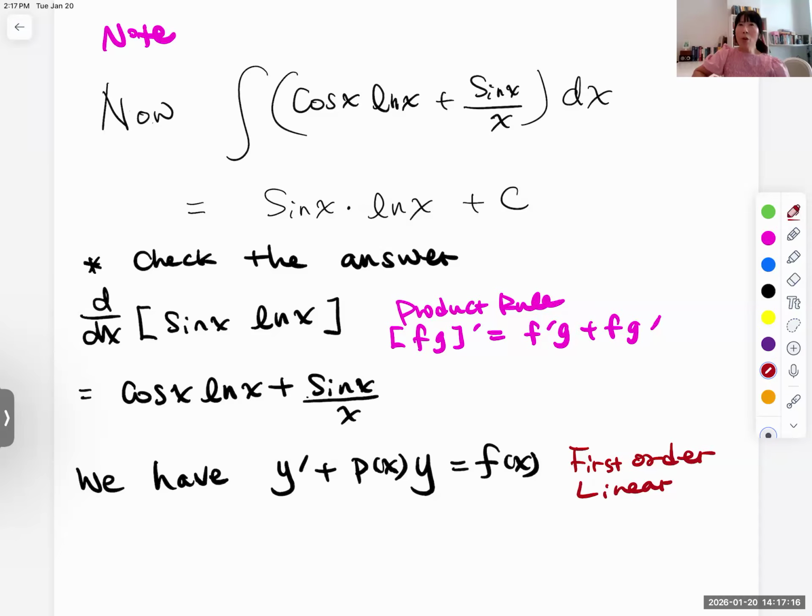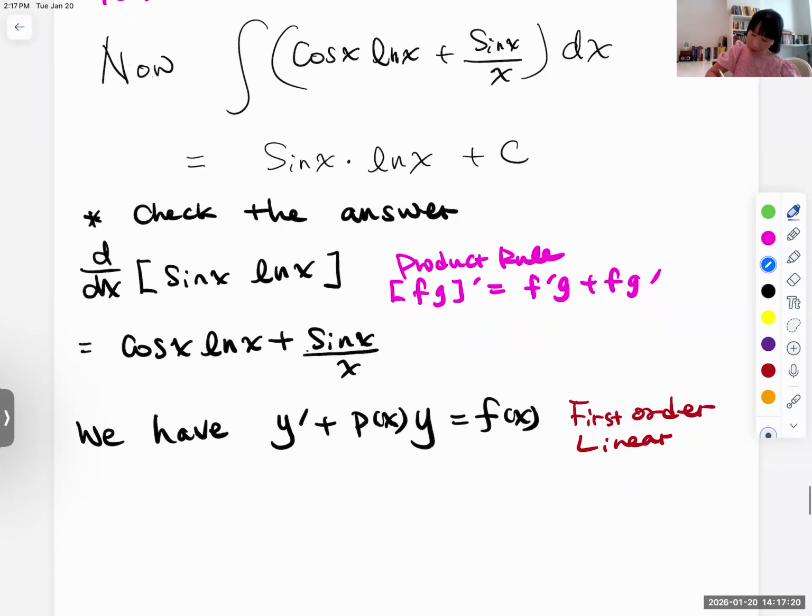Now, if we want to take the derivative of something times y, once again, product rule, right?